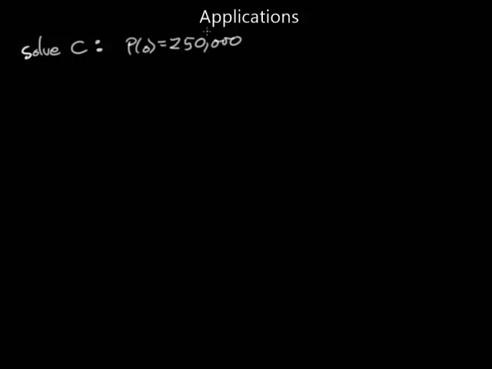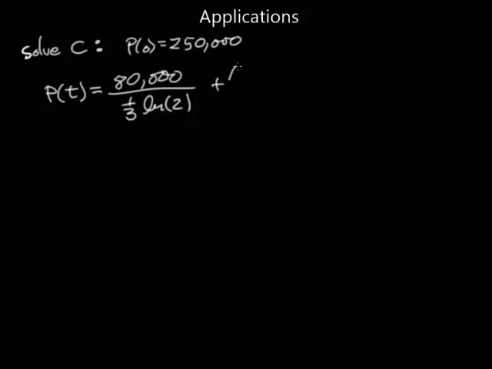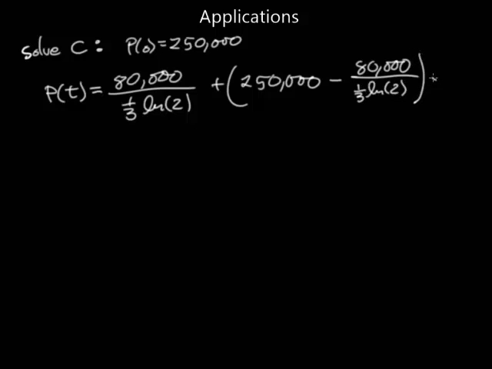Again, I'll skip one or two steps, so let's go to the answer. What you get at the end is P of t is equal to 80,000 over 1/3 log of 2, plus 250,000, that's the c, minus this number here, and that's all multiplied by e to the 1/3 log of 2 times t.